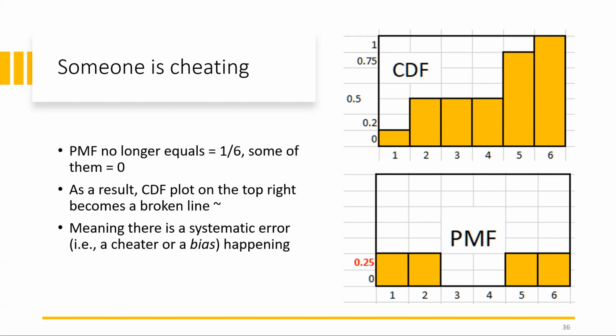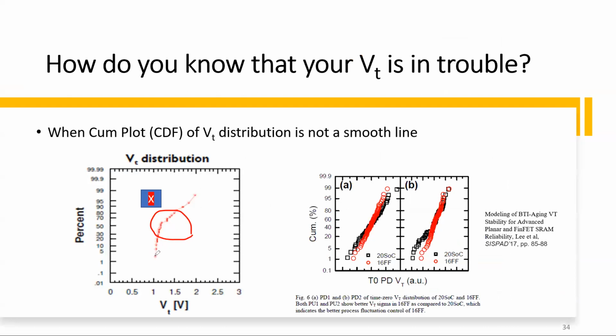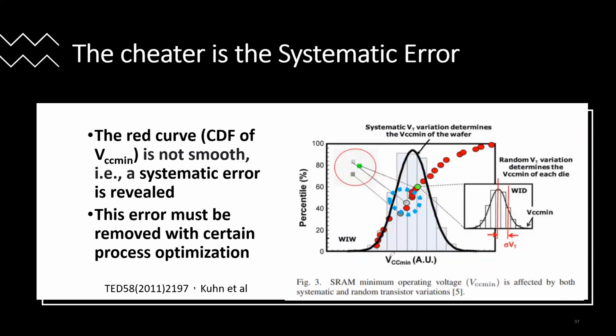This means that somebody is stealing your dice, meaning there's an unknown defect mechanism at work that you don't know. I call this a systematic error. If you look at the Q plot of an actual device, an SRAM device, you can see that the red one goes flat before it goes back up.